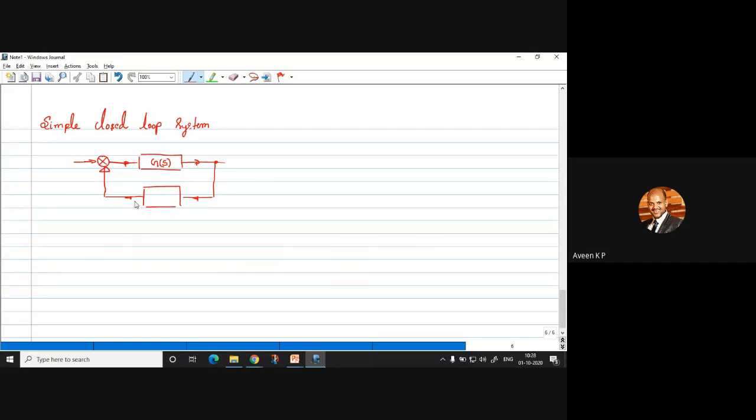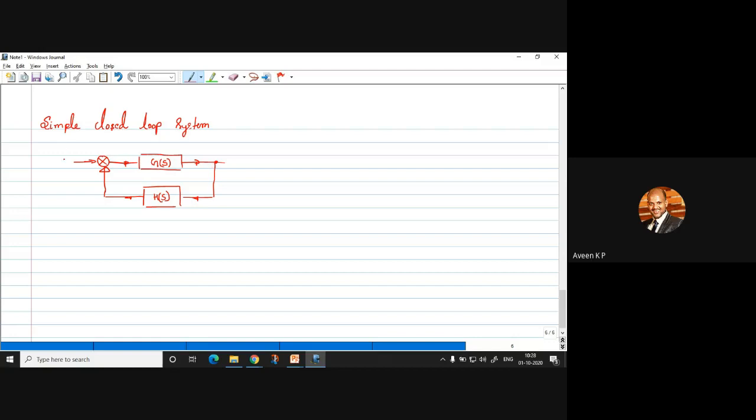There is only one block, not more than one block. So I will represent this as H of S. Forward path one block, feedback one block. And you will have one summing point and one takeoff point.